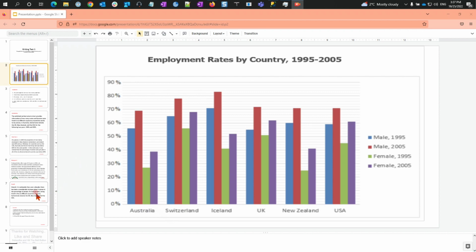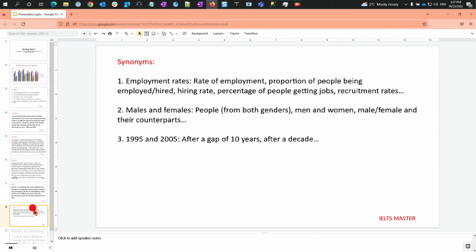Last but not the least, let's check the synonyms that are used in the graph. So for employment rates, you can say rate of employment, proportion of people being employed or hired, hiring rate, percentage of people getting jobs, recruitment rates.